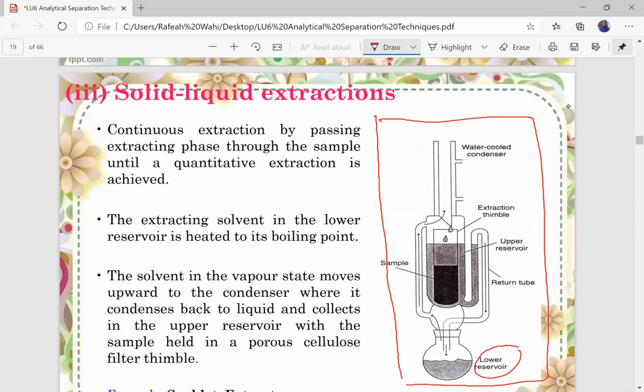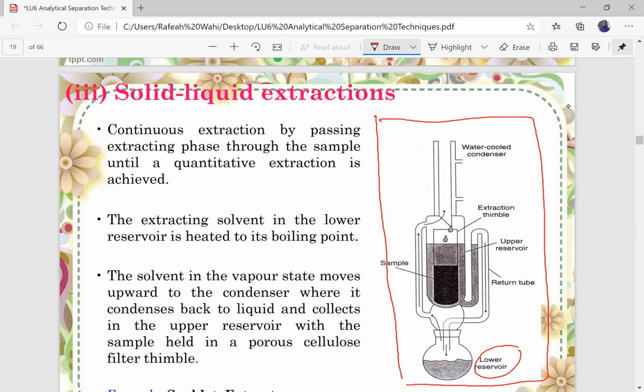So what happens when you heat a sample to its boiling point? This is the same concept that we have learned just now in the distillation process. In the distillation process, we heat the mixture of a sample at the boiling point of one of the components. So in this case also we use the boiling point.